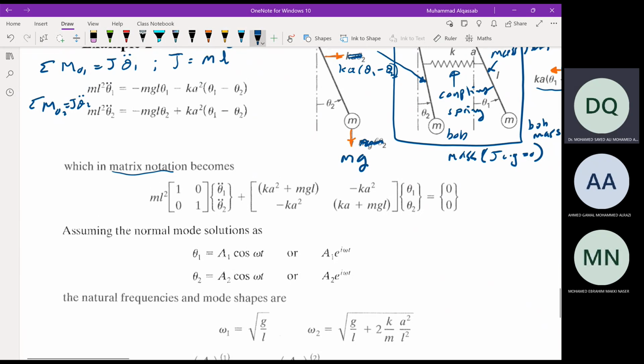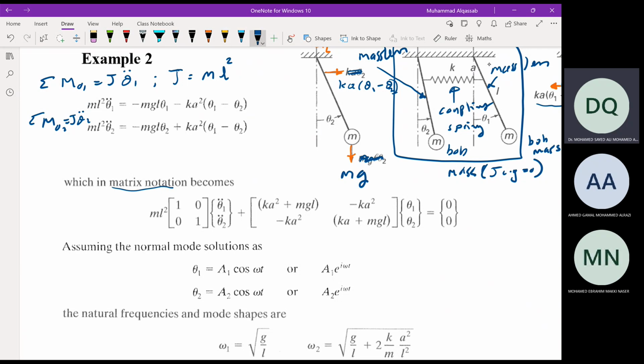You arrange the equations in order. So for the first equation, it is ML squared theta 1 double dot plus, collecting similar terms theta 1, we move them to the left hand side, so this will be MGL plus Ka squared multiplied by theta 1 minus Ka squared theta 2 equal to 0.